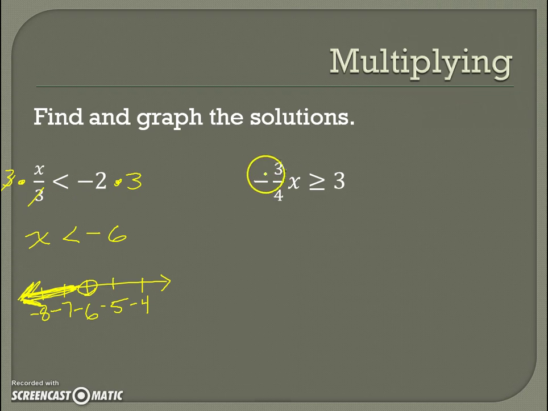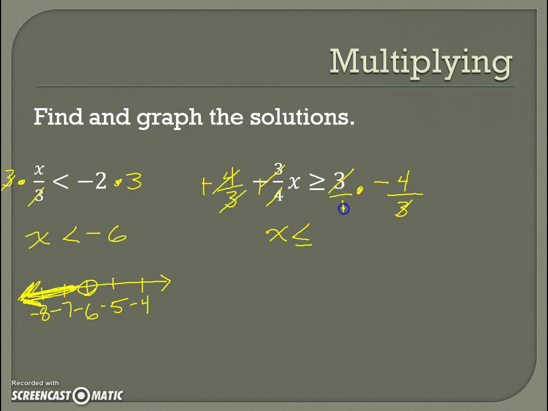Come over here, it's negative 3/4. Hopefully you remember, in order to undo that, we'll multiply by the reciprocal. So that's going to be negative 4/3. These things all cancel out. You are left with x. And then because I'm multiplying both sides by a negative, I switch this sign. It is now less than or equal to.